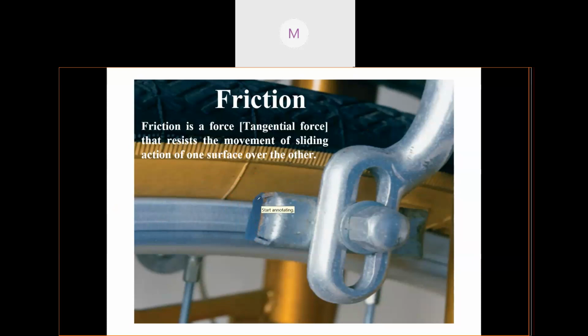This rubber surface is applying some resisting force on this one, which is making it stop, right? This force is known as friction. It's as simple as that. So if a resisting force is applied and the movement is stopped, then this is known as friction.